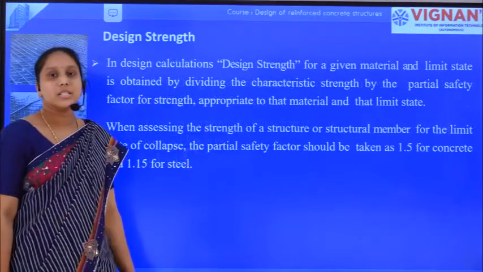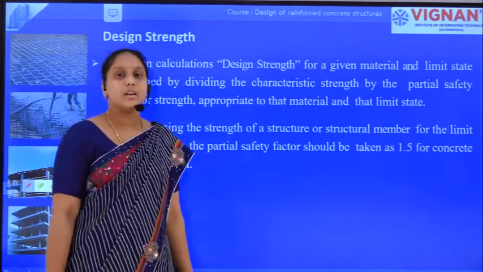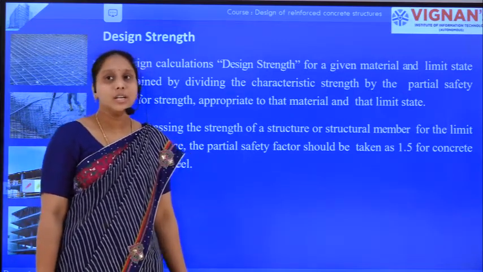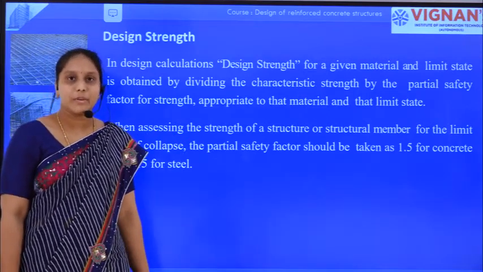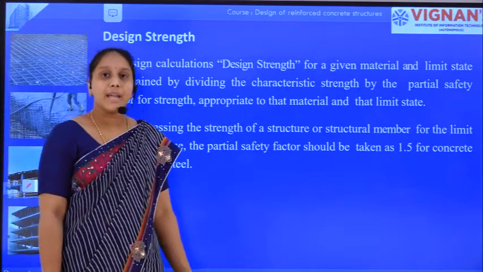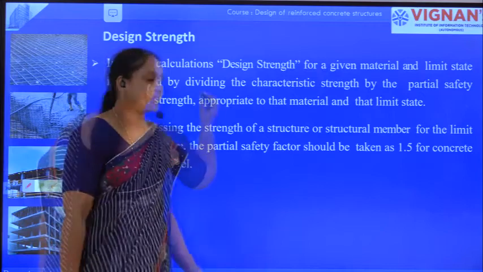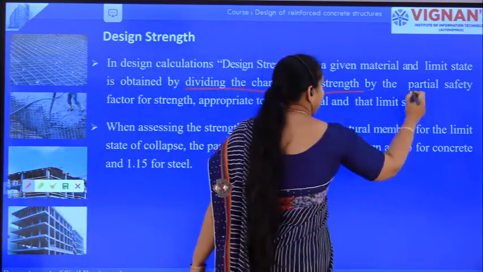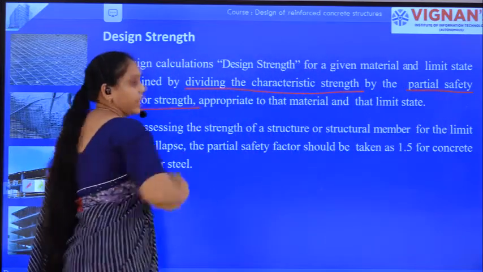Now let us see what is meant by the design strength. In the limit state method of design, we are going to consider the design strengths of the materials. So how will we find out the design strengths of the materials? Here we are dividing the characteristic strength by the partial safety factor.